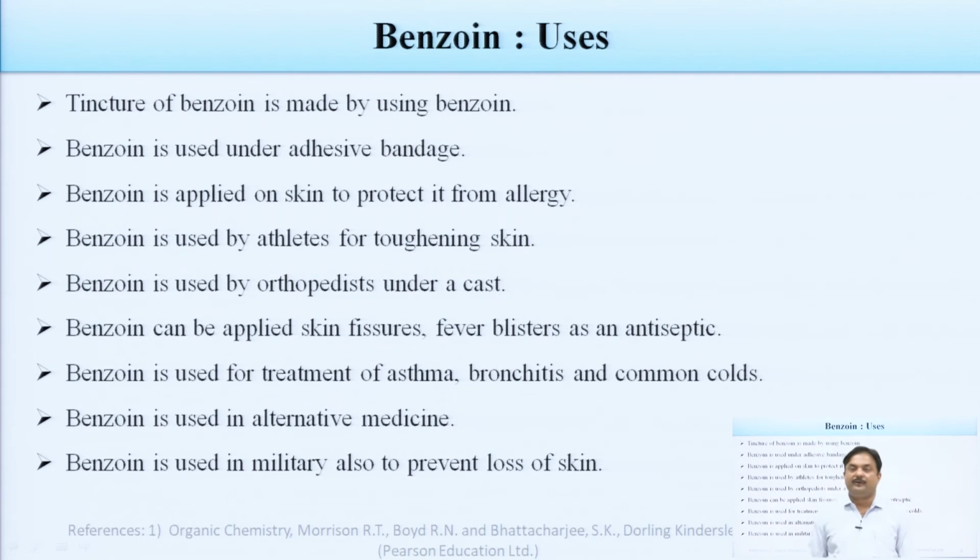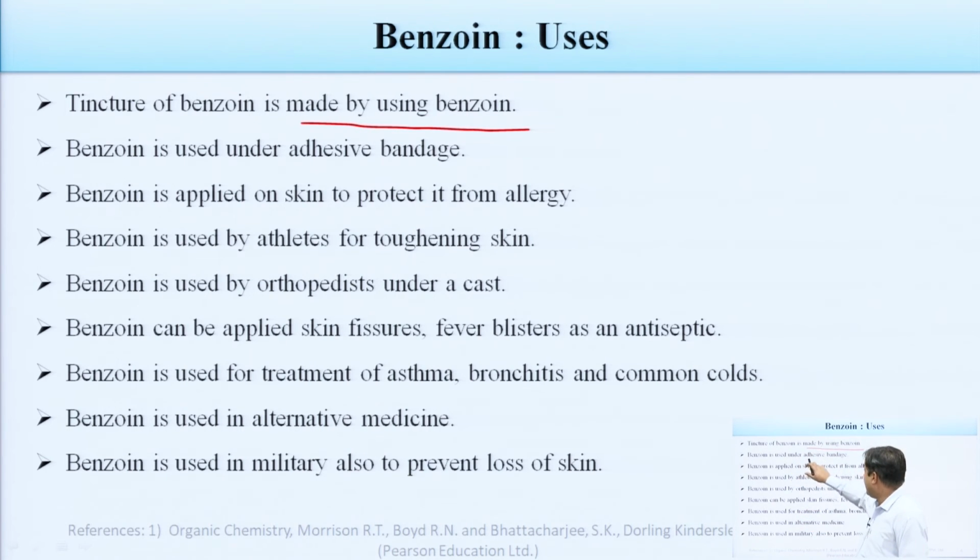Now, come to the benzoin which is prepared in that reaction. Benzoin is very important because it has a lot of uses. A few of the uses of benzoin are mentioned here. Tincture of benzoin is made using benzoin.